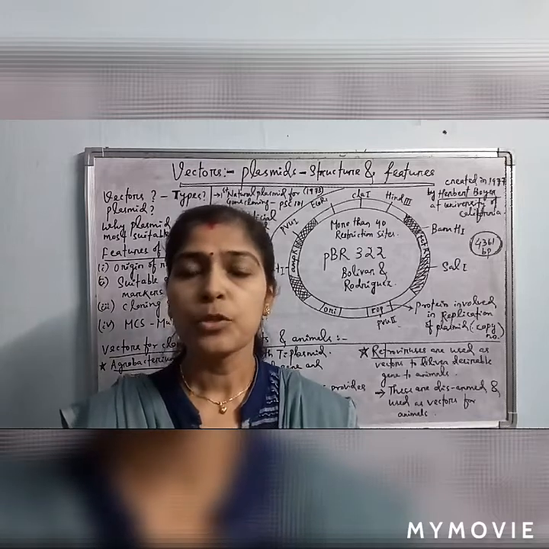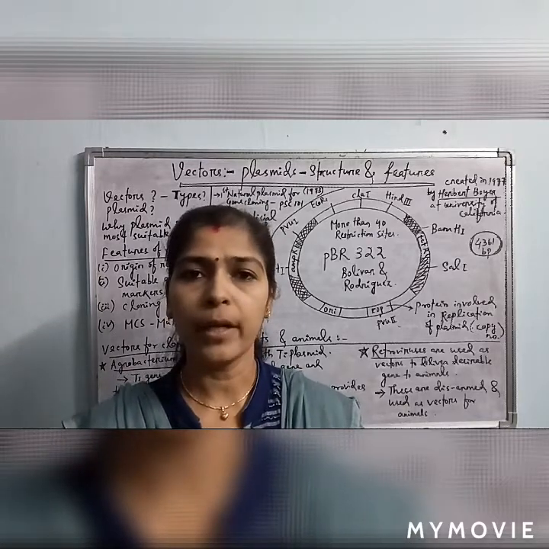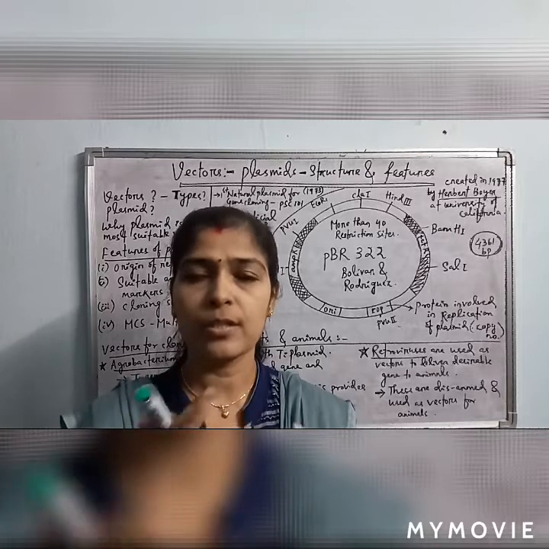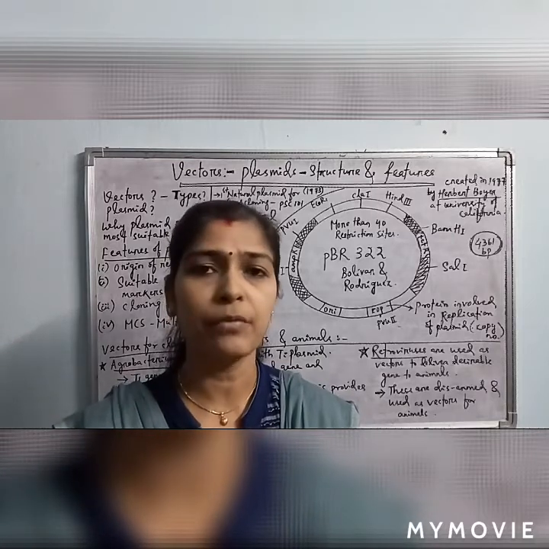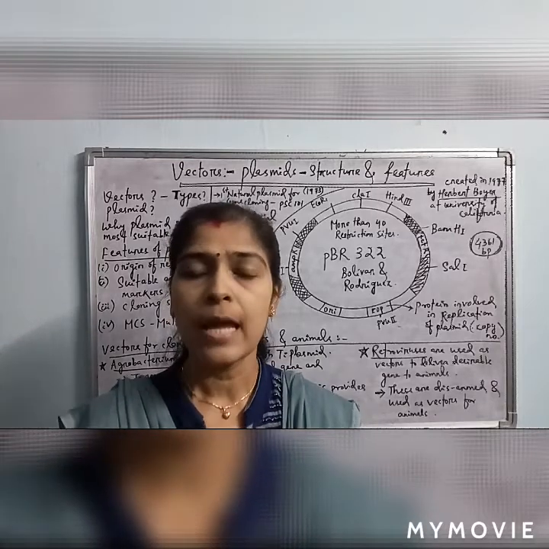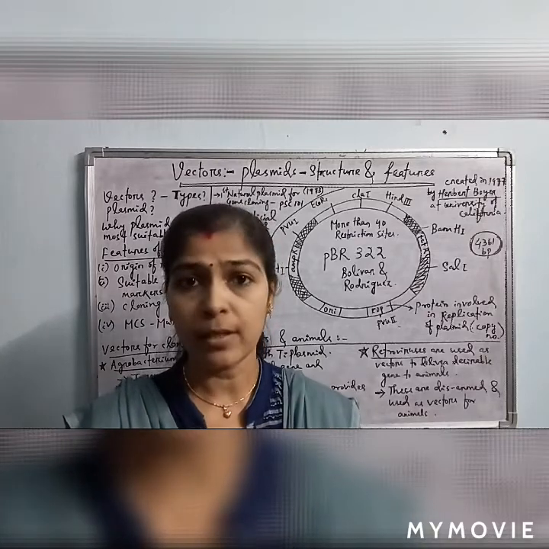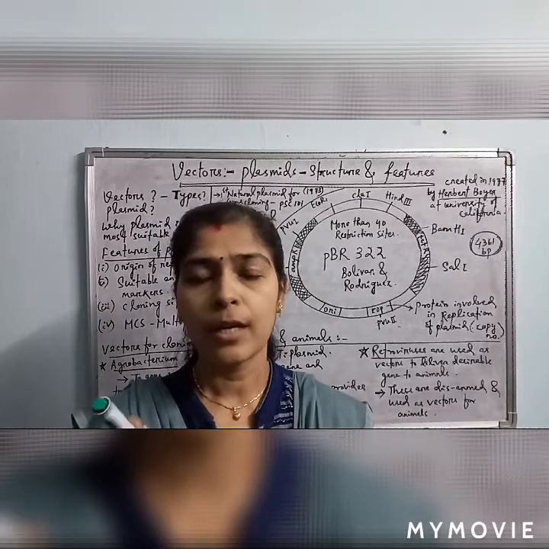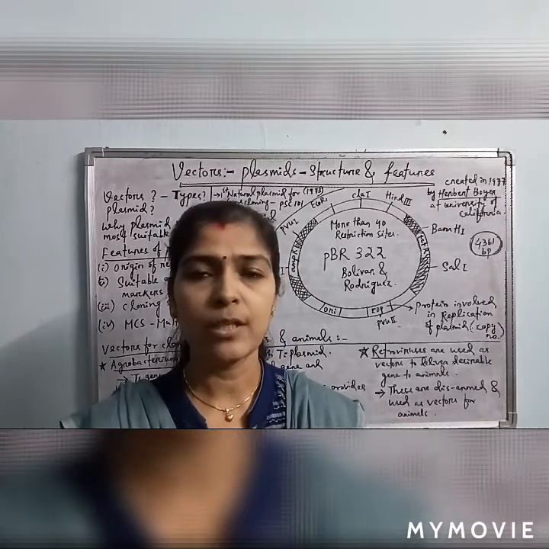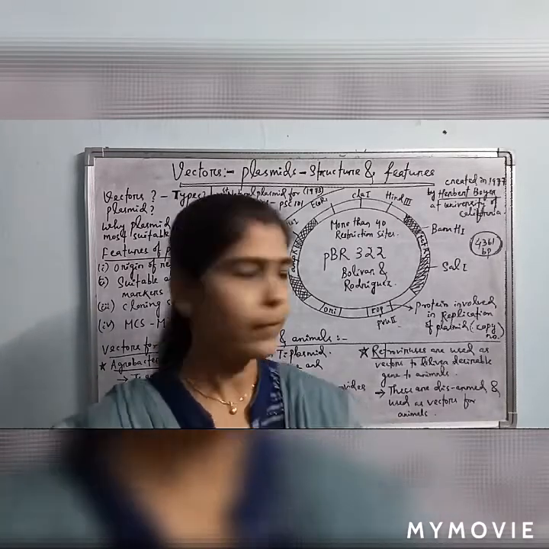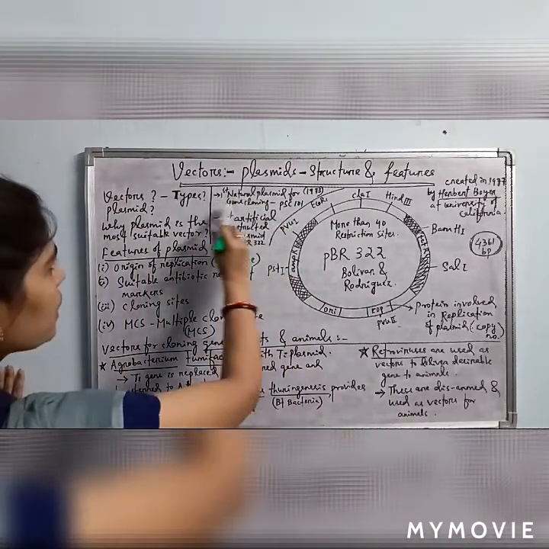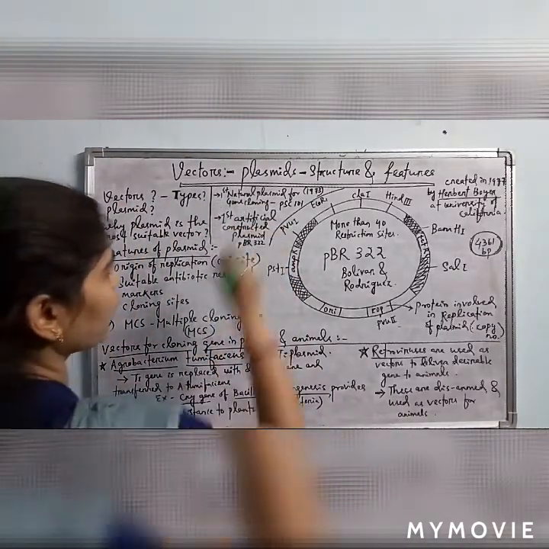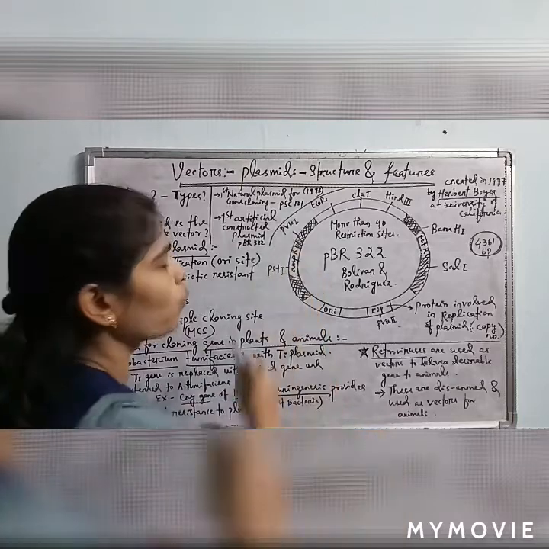They are made suitable: they have recognition sites of many restriction endonucleases, and also selectable antibiotic resistance markers. But which one is the first natural plasmid used for gene cloning? It was pSC101.